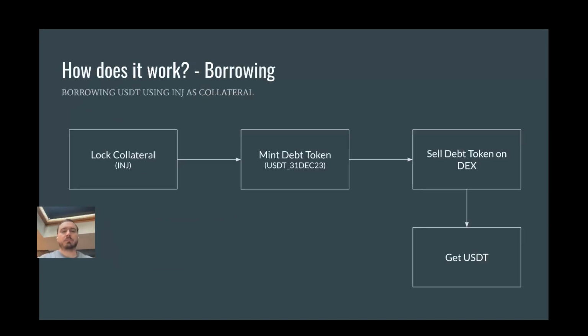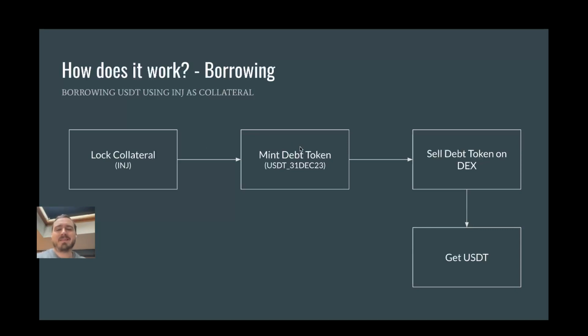So how does it work? So for example, you're looking to borrow USDT using Injective as collateral. So this is what we've currently put on the Injective testnet, which is a debt market that uses Injective as a collateral and lets you borrow USDT. So it'll be coming up, locking your collateral, so Injective tokens.